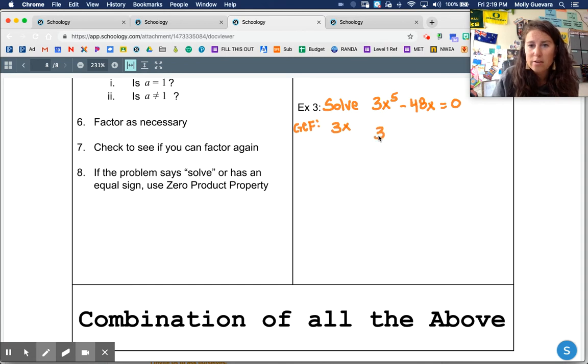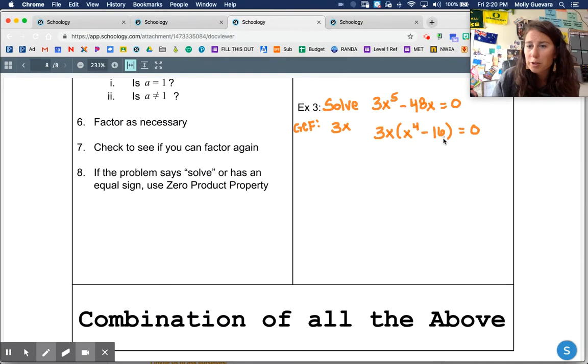So when I take out a 3x, I'm left with x to the 4th. The negative 48 divided by 3 is negative 16, and I took out the x. So that equals 0 is just going to work its way down, but we're not going to really do anything with it yet. Okay, so then ignoring the 3x, this does not have a greatest common factor.